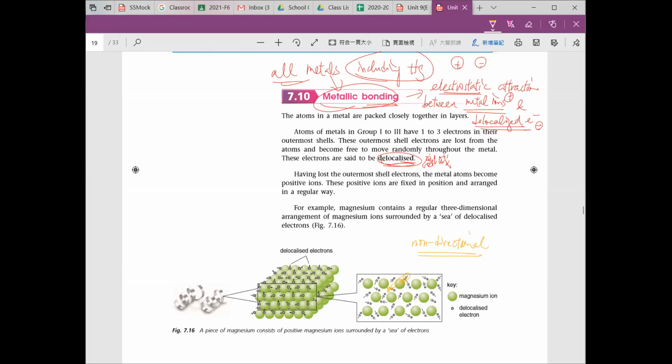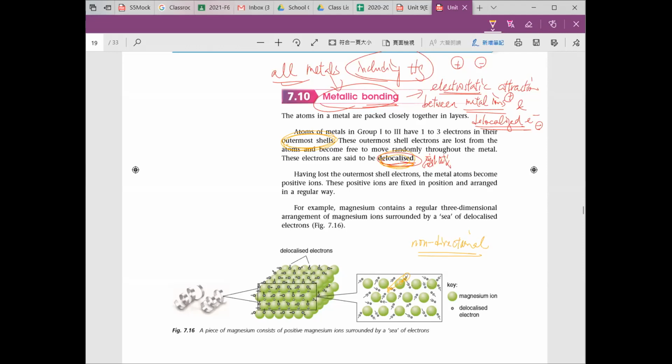Very strange. And very often, how about the delocalized electrons, the free electrons? Do you mean that all electrons will be delocalized? The answer is no. Only outermost shell electrons will be delocalized, which means that if you are talking about group 1, group 2, group 3 atoms, we have got electrons 1 to 3 in the outermost electron shells.